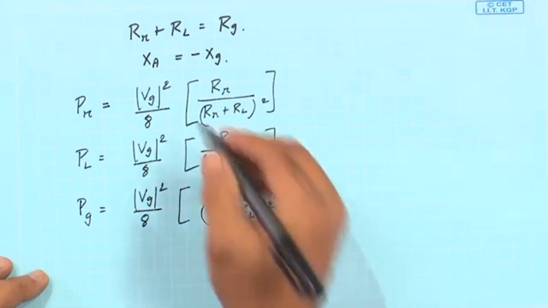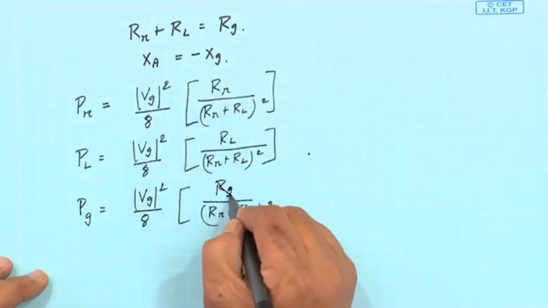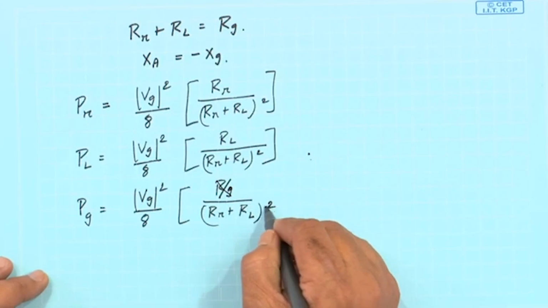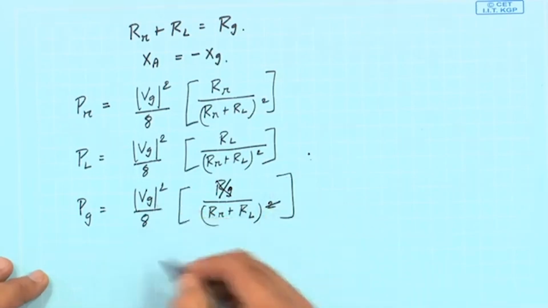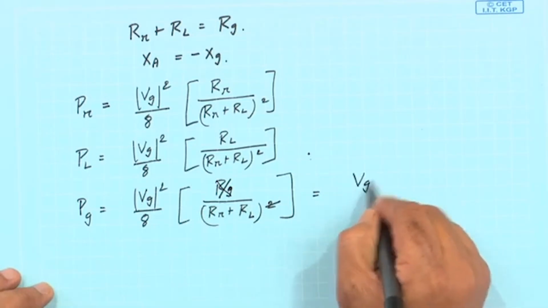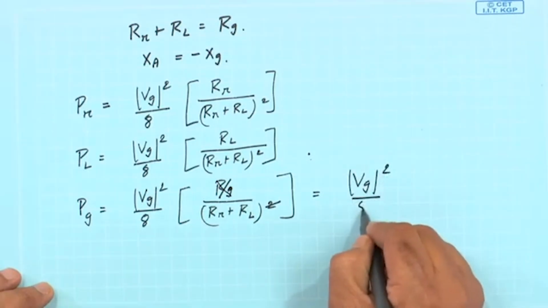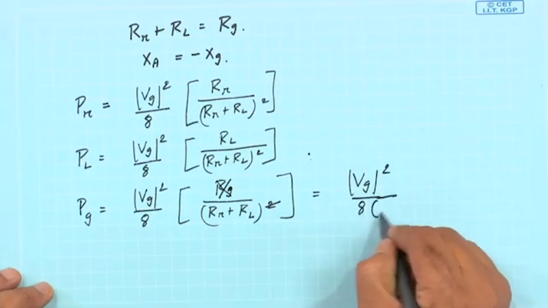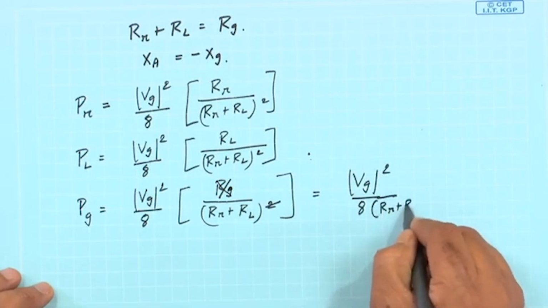But here again under this condition I can cut this and cut this. So, it is V g square by 8 R r plus R L.